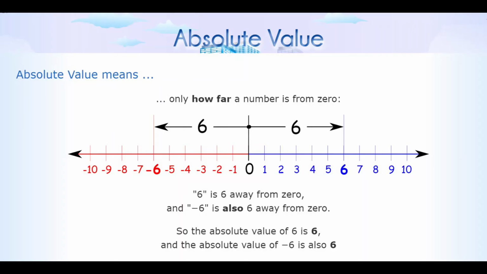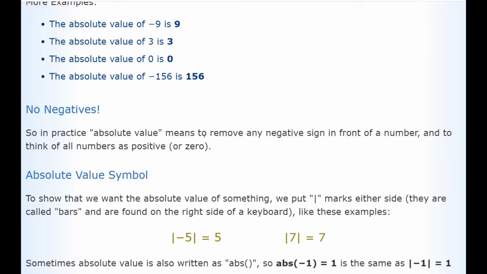So what absolute value means is only how far a number is from 0. If you have a positive 6, it's 6 away from 0. If you have a negative 6, it's also 6 away from 0. So the absolute value of 6 is 6, and the absolute value of negative 6 is also 6.